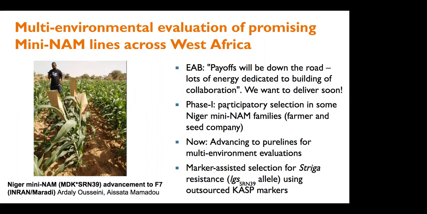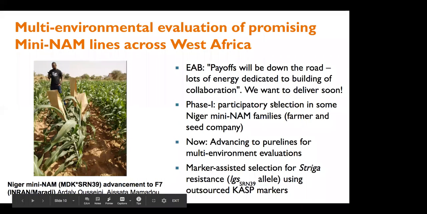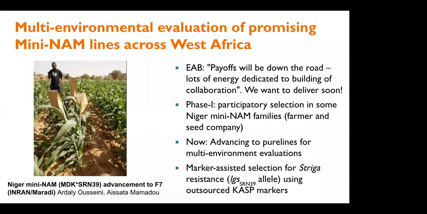And so we are, as Cyril described, moving forward on the material from the phase one mini-NAM from Senegal. Niger was just a little bit behind Senegal because they started a little bit after. But there's material from the Nigerian mini-NAM that has already been selected based on farmer and seed company evaluation, and I'm going to just present this because I don't think anybody's on from Niger.